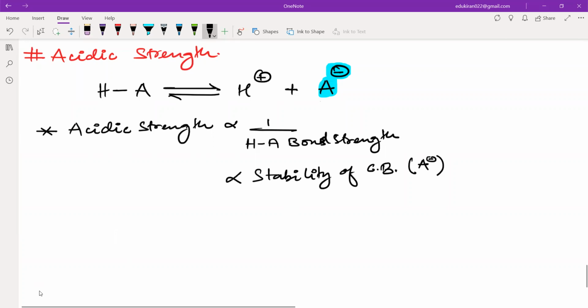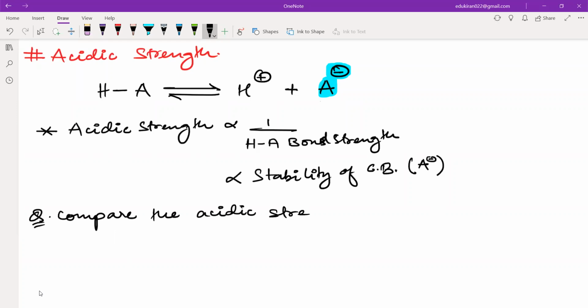Now we will write a question. Compare the acidic strength of CH4, NH3, H2O, and HF.